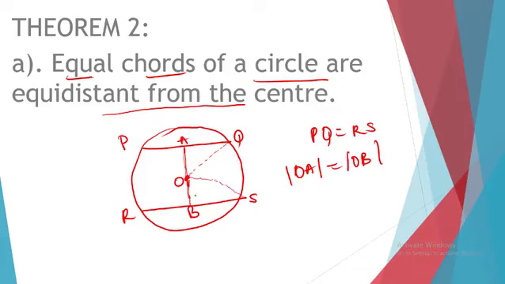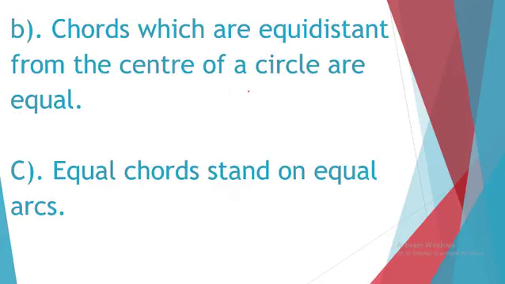This angle is equal to this angle, this is angle 90, this is also angle 90. Do we understand now? So part B of this theorem says that chords which are equidistant from the center of a circle are equal.